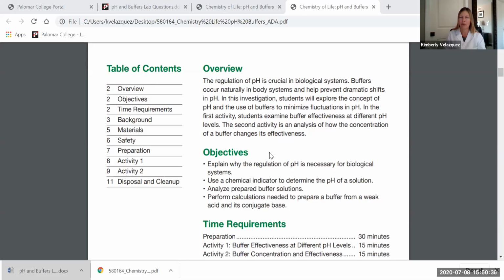Remember that all areas of the body do not have the same pH. So even just looking at the human body, the pH in your stomach is dramatically different from the pH of your bloodstream. So buffers serve to keep pH normal, whatever normal is for that system. And remember that buffers work by either tying up acid or adding more acid or adding hydroxide ions.